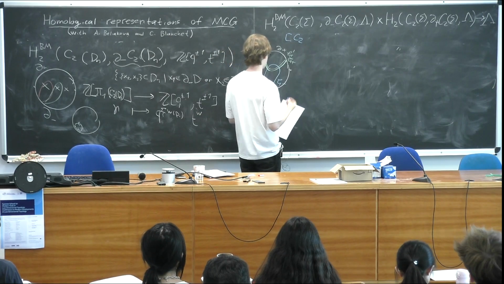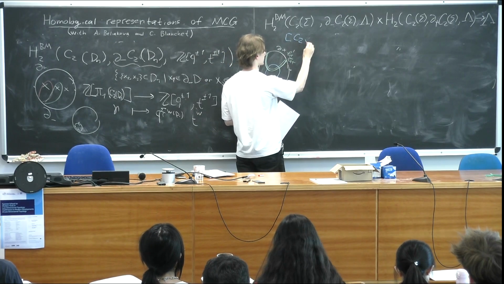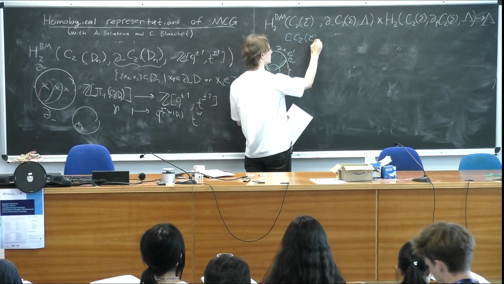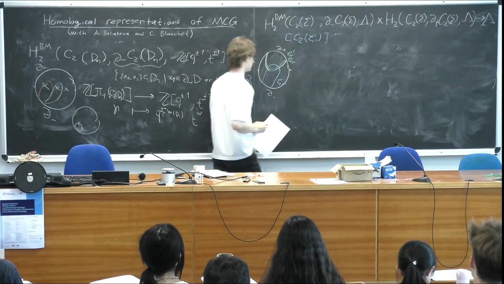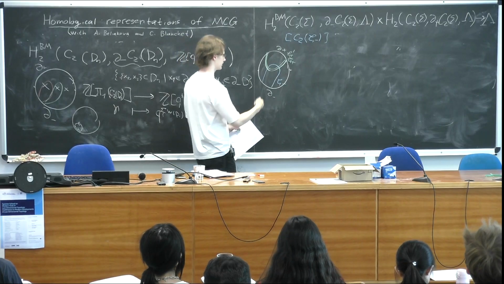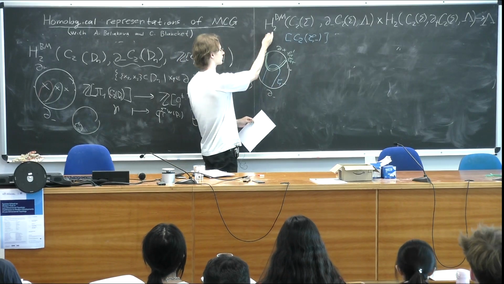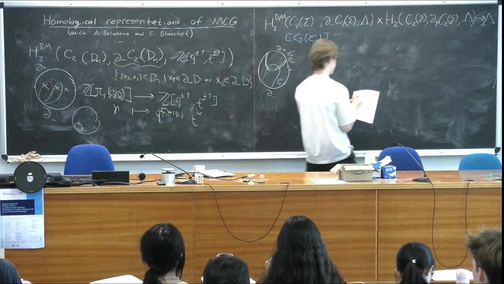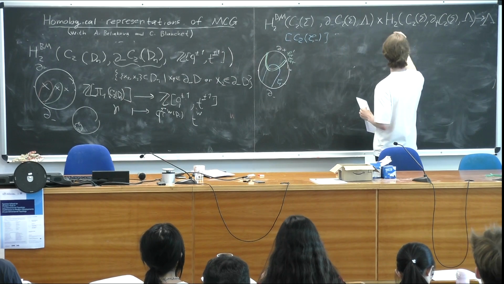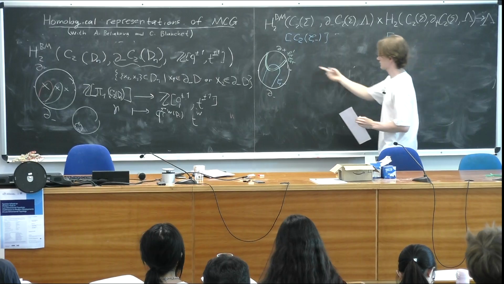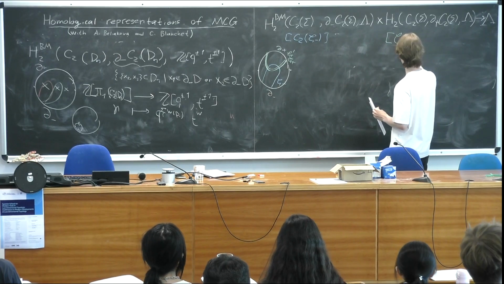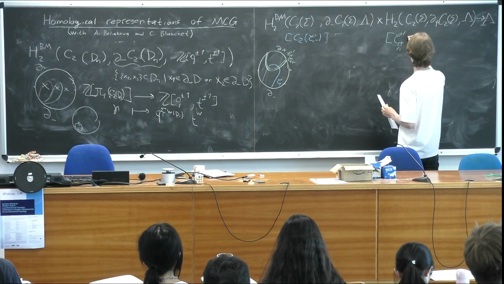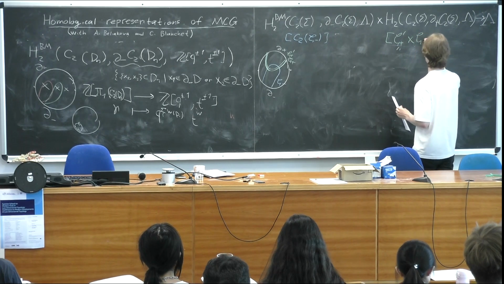So for the first class, I take the configuration space of two points on zeta minus. It will be a class in Borel-Moore homology relative to the boundary. And here I just take the fundamental class of the product of zeta and zeta prime.